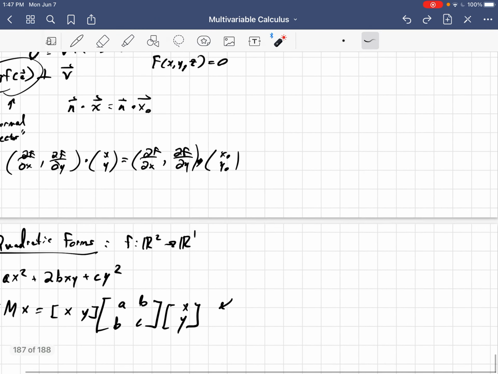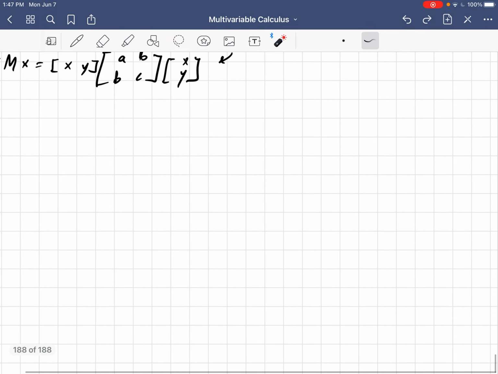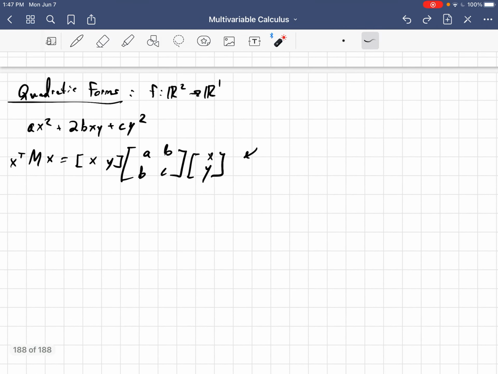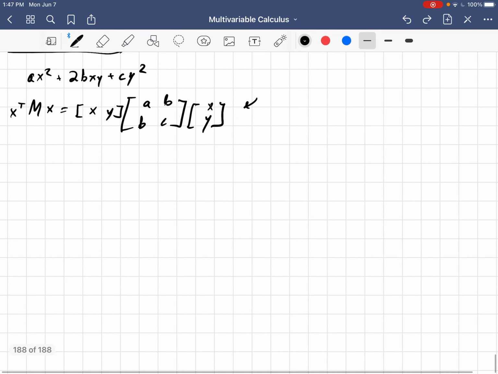So it is analogous to the single variable case, really. So this is what we're going to be exploring: how to tell whether a quadratic form in 2D is positive, negative, or neither. And so what I'm going to do is reduce this to just a single variable case.